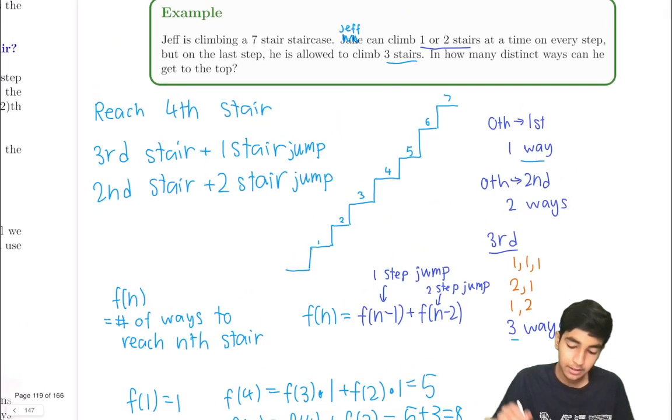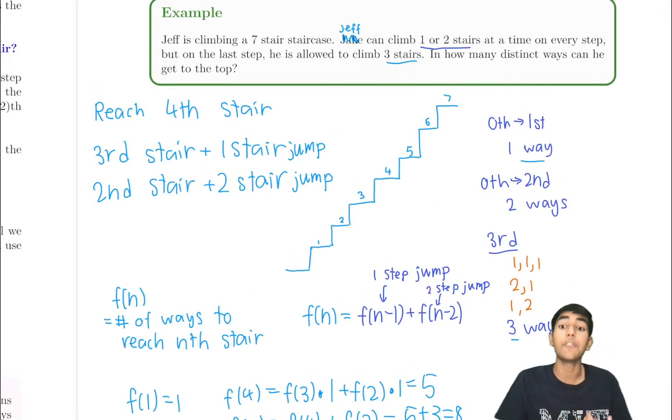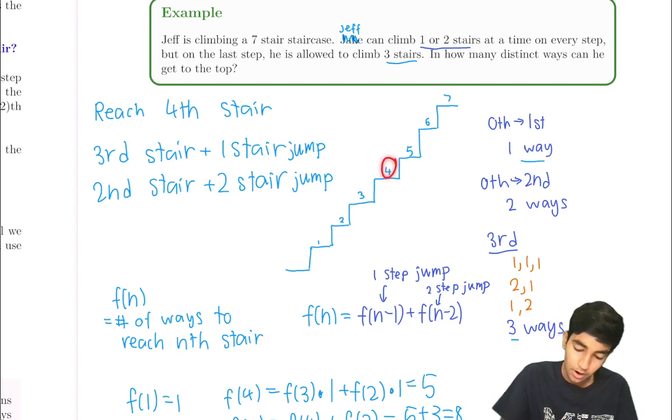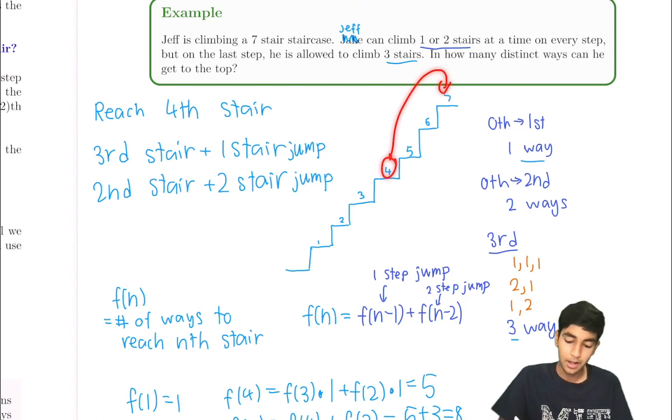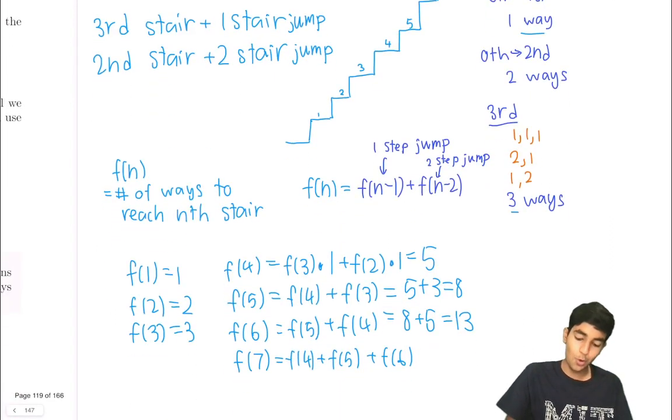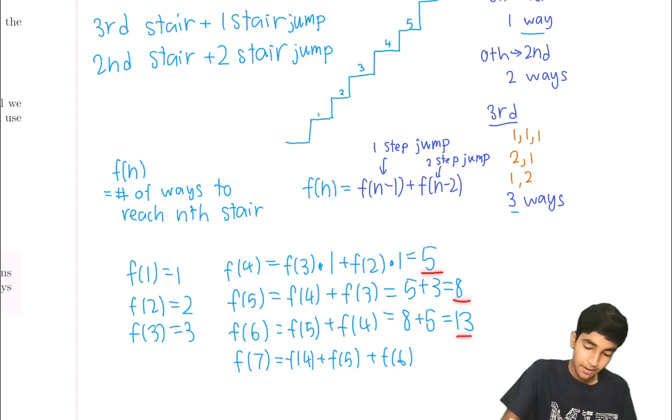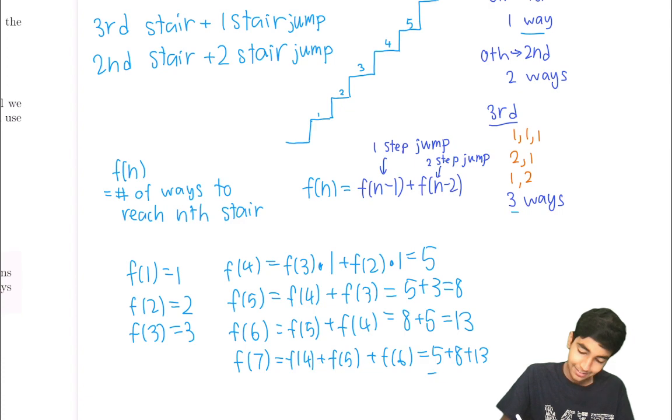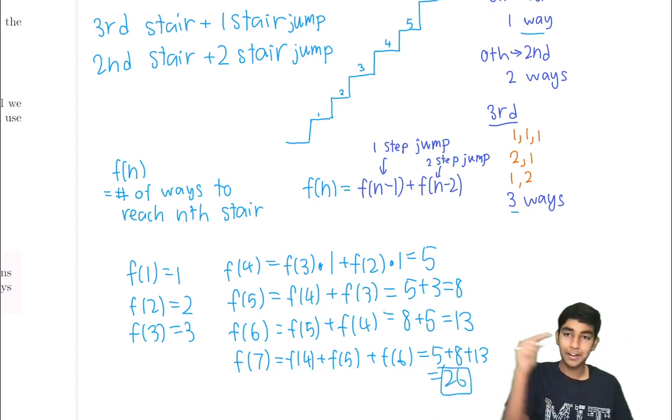Because we're on the last step, which means the last jump, he's allowed to climb 3 stairs. So he can just directly go from 4 to 7 because it's the last step. So we also have to add f of 4 here. And that becomes 5 plus 8 plus 13 equals 26. So 26 is our answer.